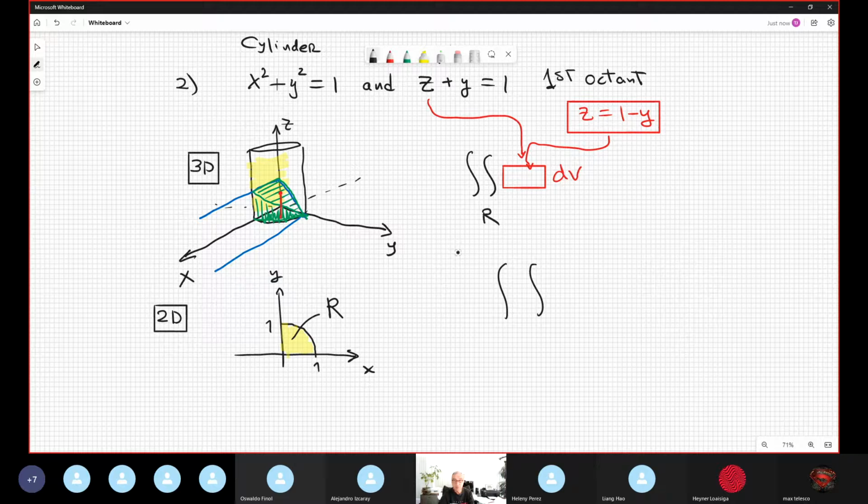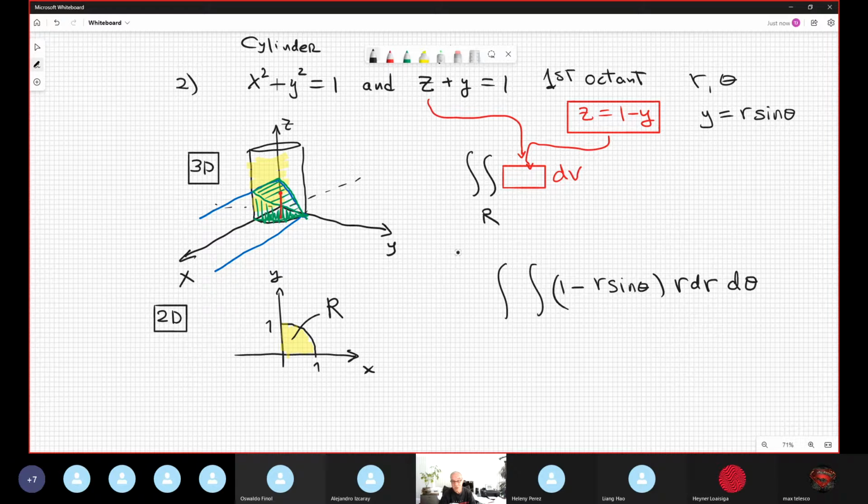Entonces, in polar, I put the z, pero expressed using polar variables, que es r, theta. I know very well que y is r sine theta. The integrand function transformed from Cartesian to polar is 1 minus r sine theta, times r dr d theta, the Jacobian.